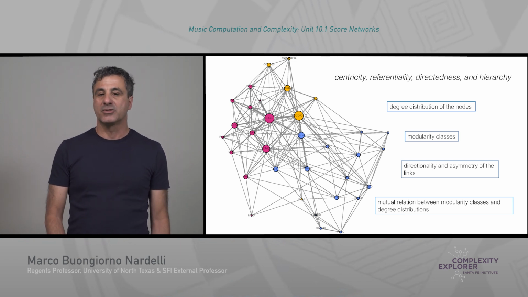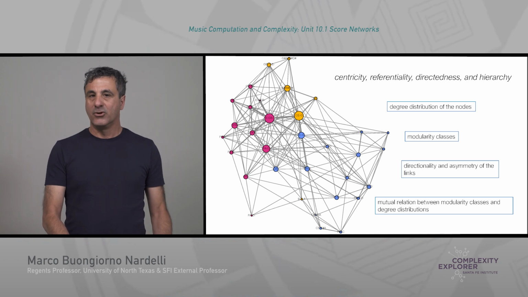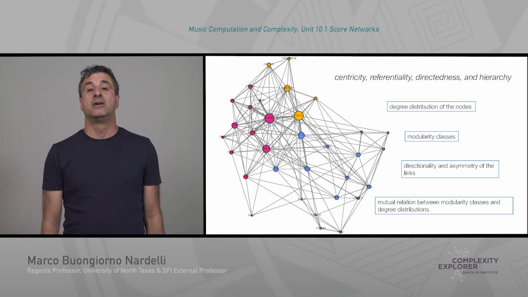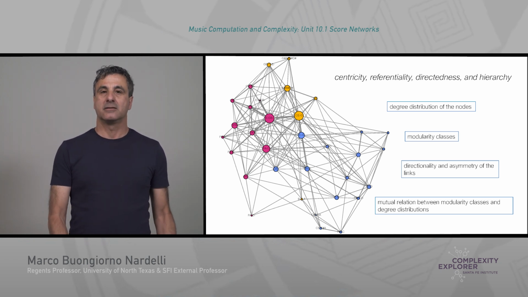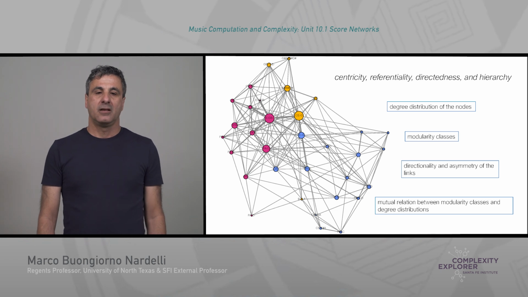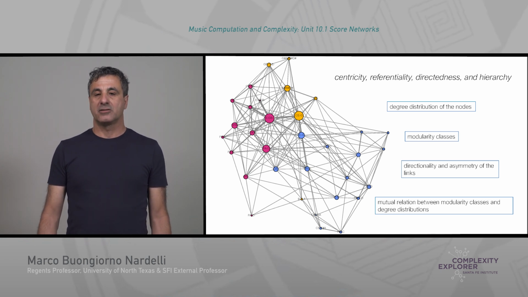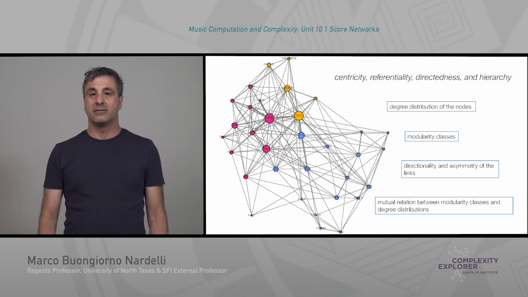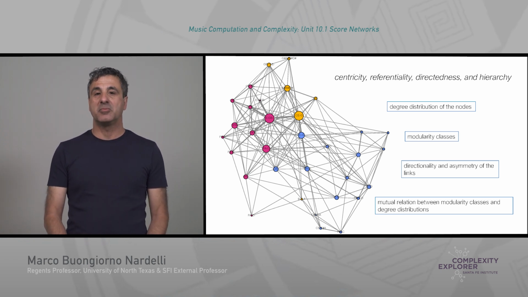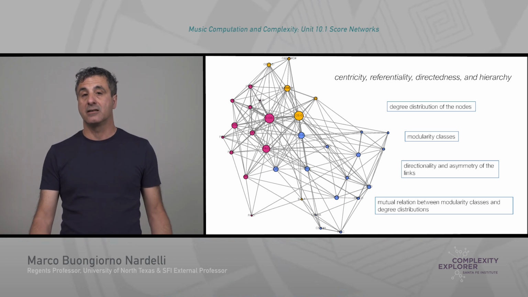This kind of property is called centricity, where there are nodes, or in this case chords, that are more central in the composition. There is the property of referentiality, in the sense that this structure of hubs and smaller nodes is actually repeated at different scales in the network.